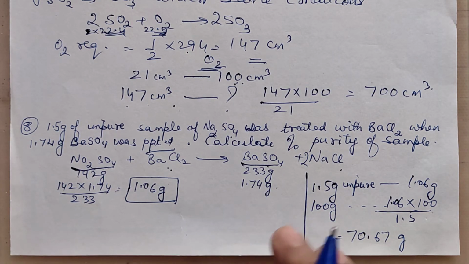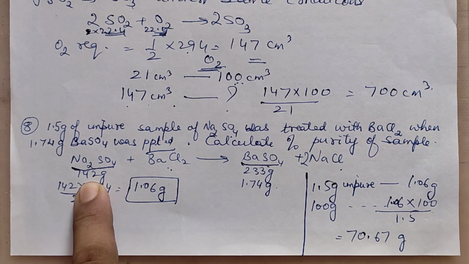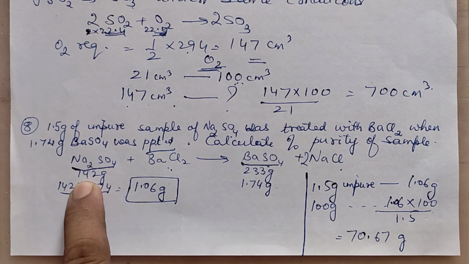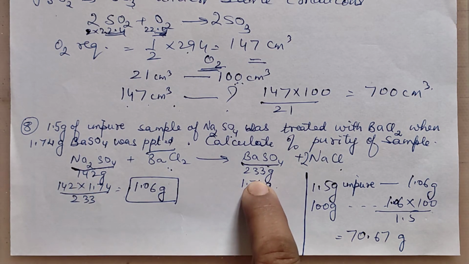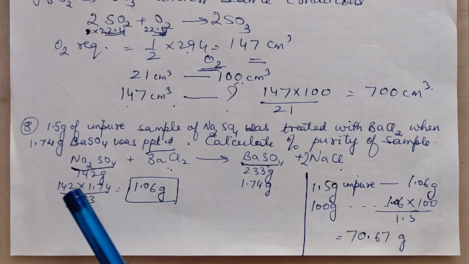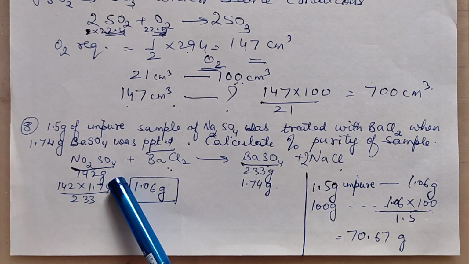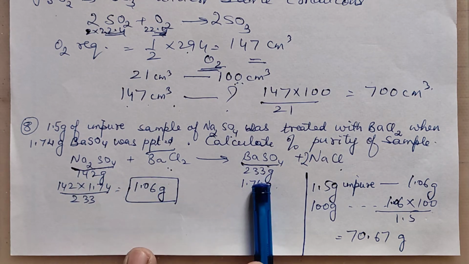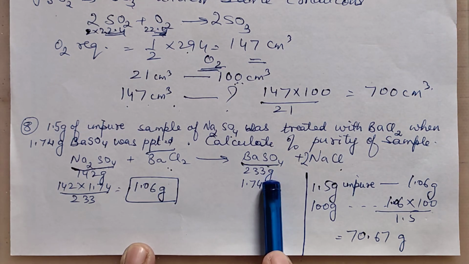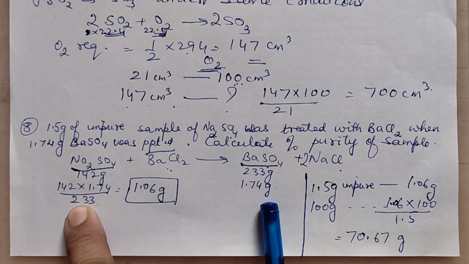This they have given only to write the equation. For that, weight and all is not given. So you will calculate the molecular mass of sodium sulfate, that is 142. For barium sulfate, 233. So if you take 142 grams of sodium sulfate, you will get 233 grams of barium sulfate. If you are getting 1.74, then how much sodium sulfate should have been taken?